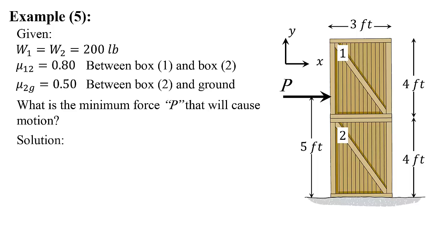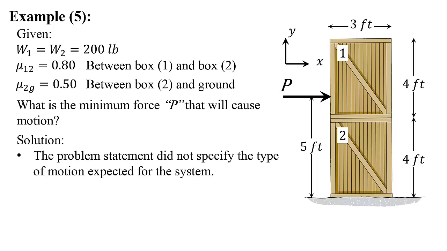Well, we see that the problem statement did not specify the type of motion expected for this system. Will there be any sliding? Will there be any tip over? Will the top box slide alone? Will the whole system tip over? So many possibilities, right?